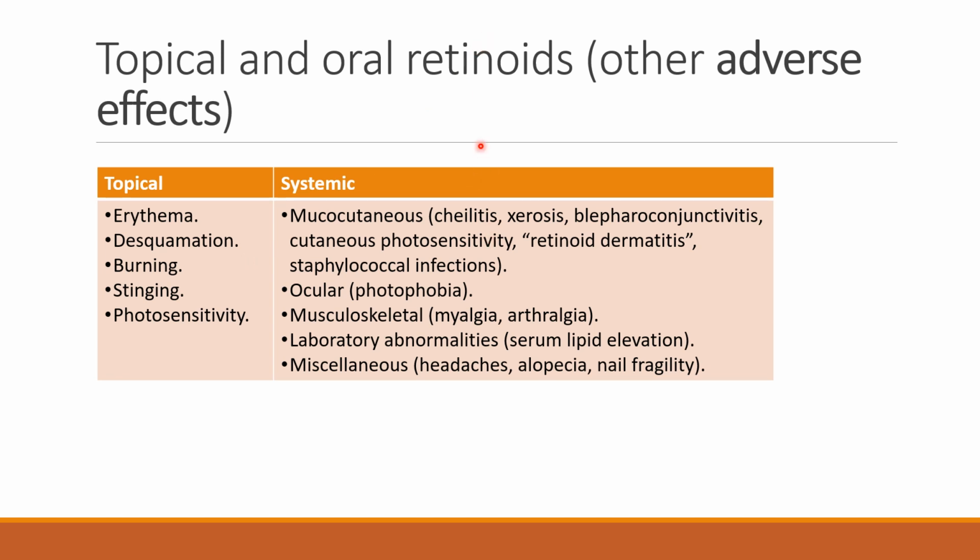Now, as I have pointed out earlier, isotretinoin has a very complex mechanism, so it should come as no surprise at all that it can cause many other side effects. So I'm just gonna pick out a few to talk about here.